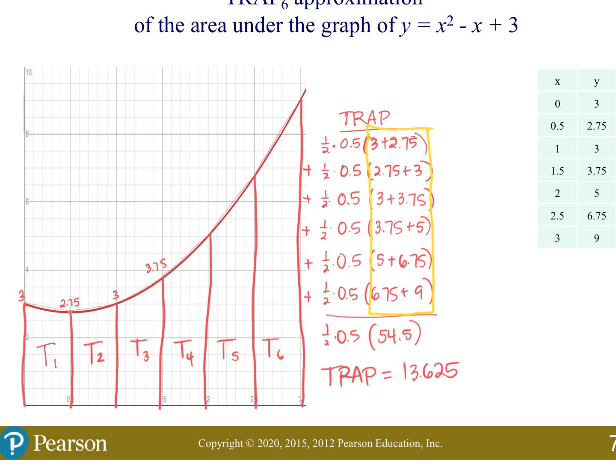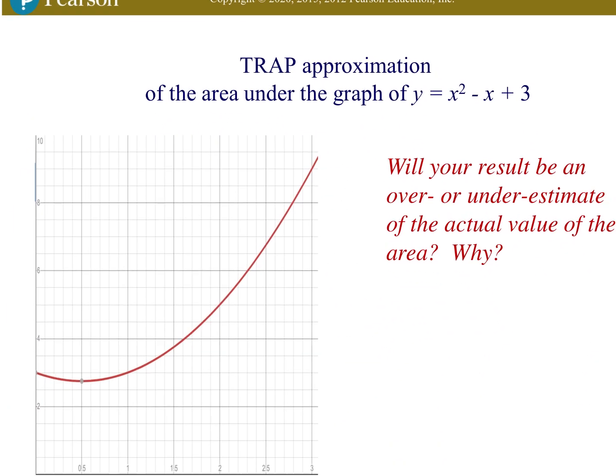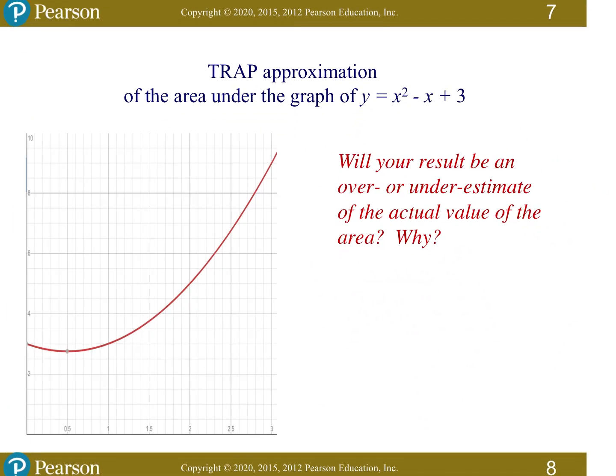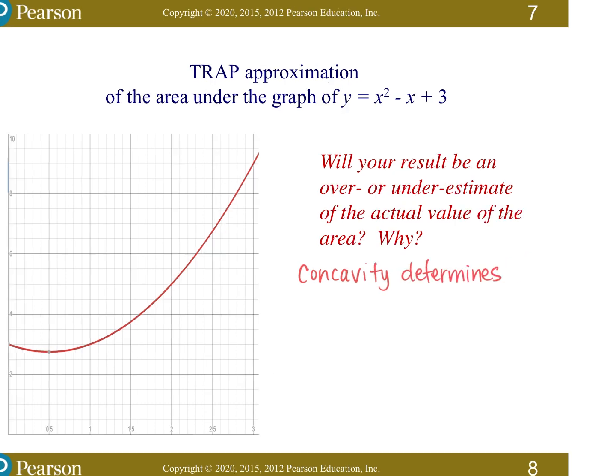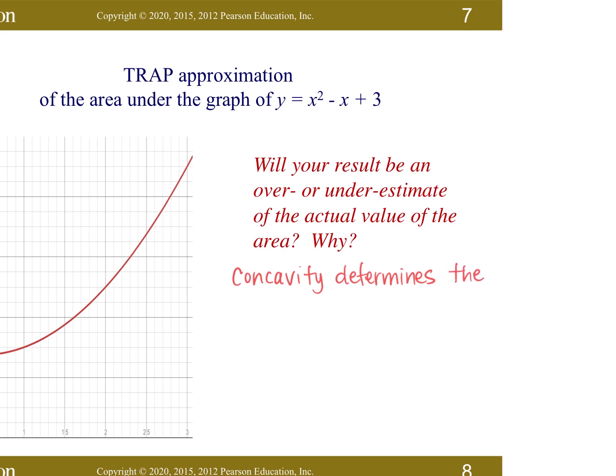So I need you to keep that clear. For RAM, it's whether it's increasing or decreasing. For trap, it's the kind of concavity that you have. All right, so on the next slide, would you put that down? Concavity determines the accuracy of the estimate.